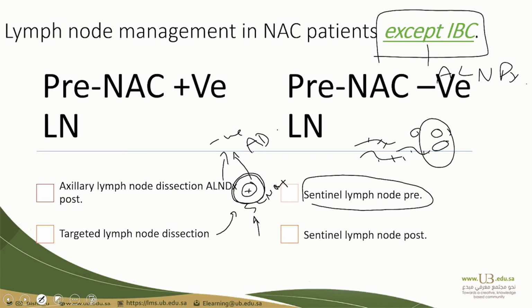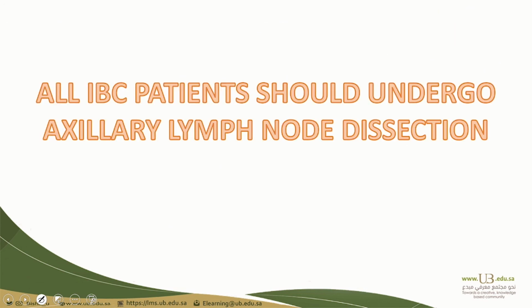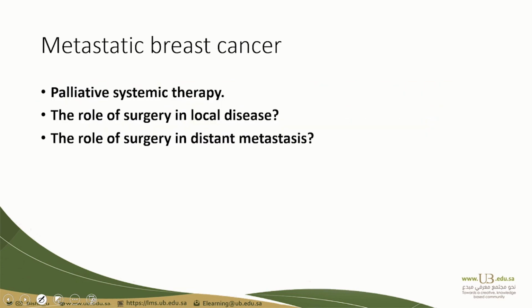So maybe they will miss the lymph node. For those who are doing it post, they believe that it will not be affected too much by the neoadjuvant chemotherapy regarding the lymphatic vessels. So as we said, all patients with inflammatory breast cancer should undergo axillary lymph node dissection.